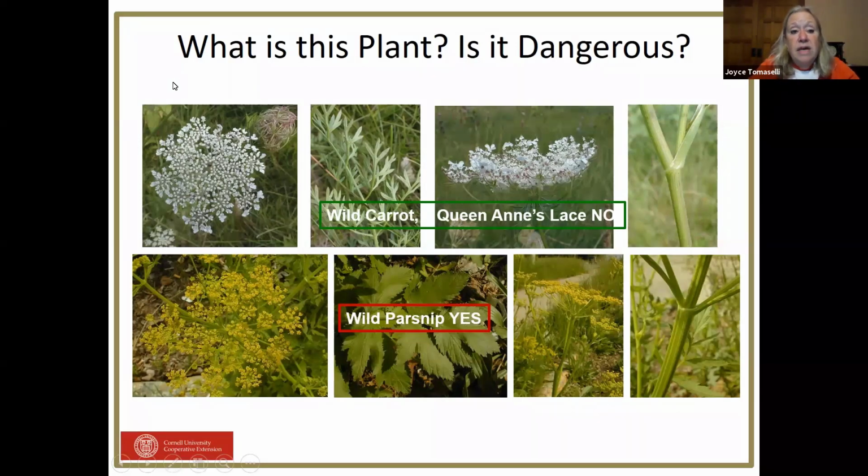In the summertime on the sides of the road, wild chervil tends to bloom first. That's an invasive. It doesn't cause much harm, but it spreads by seed. And so when they get mowed, that's why you see it on the side of the road, because mowing spreads it. Wild carrot is a native, and it supports a lot of pollinators, and it blooms next. And wild parsnip blooms third.